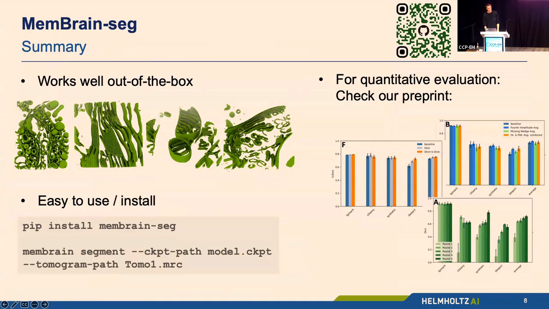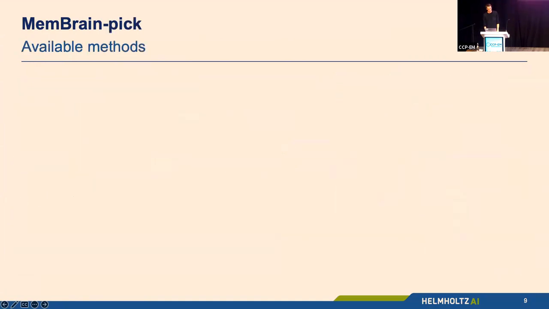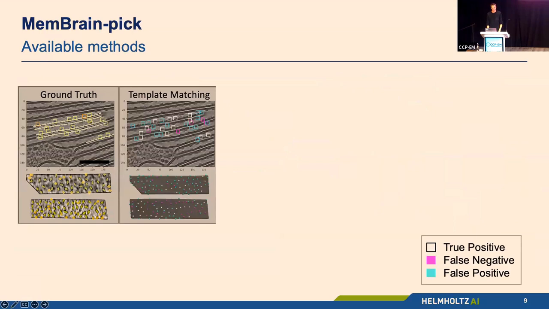Now, in the remaining time, I would like to focus on MemBrain-pick, so our membrane protein localization pipeline here. And why do we actually need this? So in the first place, we did some benchmarking here. So we gathered some ground truth data for a couple of membranes where we tried to find the best working method for this. And of course, we tried template matching, which didn't perform so well.